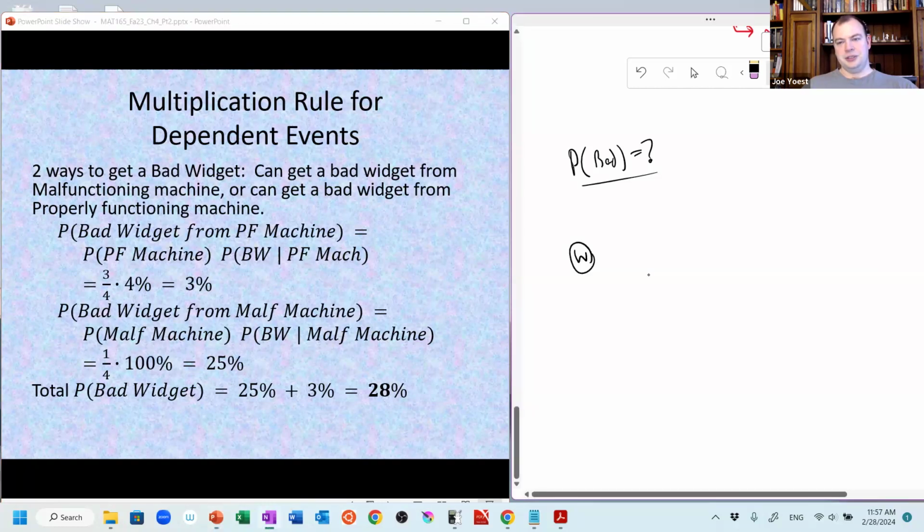The widget that I choose could have come from a properly functioning machine, or it could have come from a malfunctioning machine. The properly functioning machine could produce a good widget or a bad widget. The malfunctioning machine could, at least philosophically speaking, produce a good widget or a bad widget.